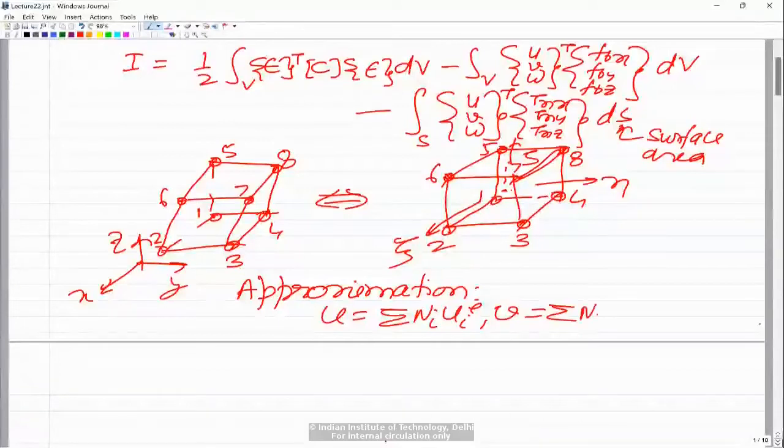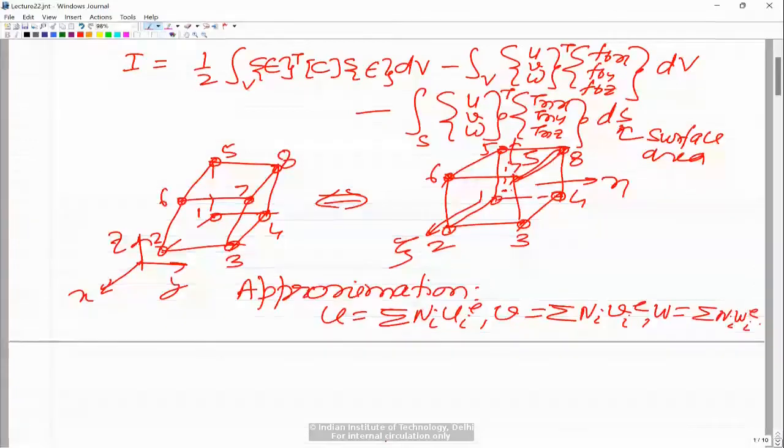So these displacements u, v, w are expressed in terms of xi, eta and zeta through the shape functions N1, N2, N3, N4, N5, N6, N7 and N8.